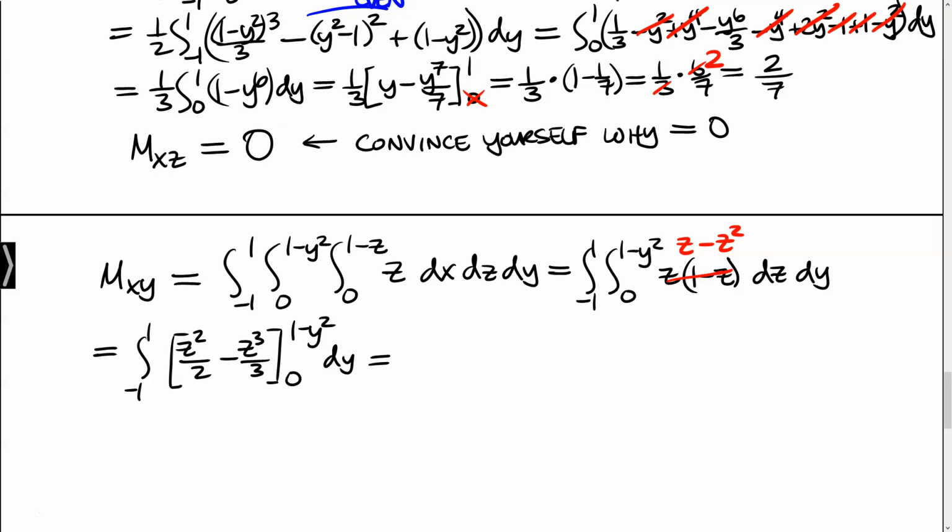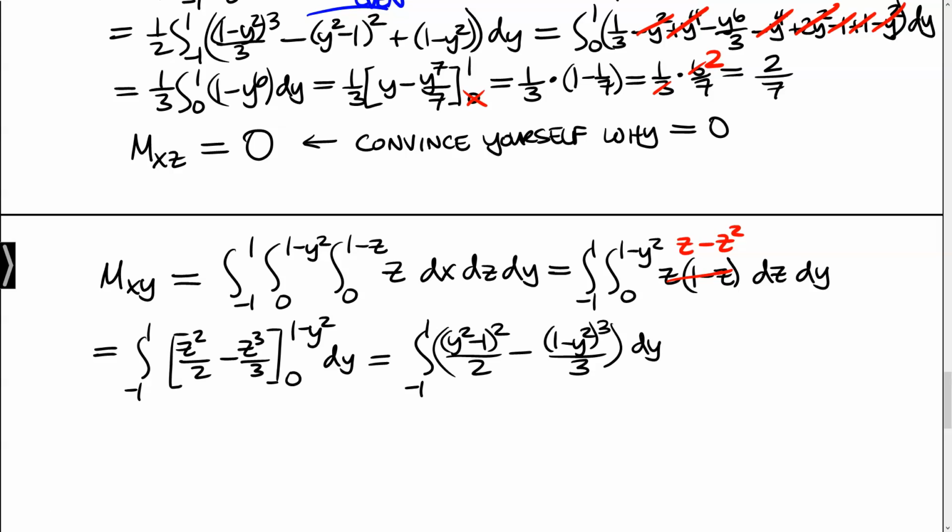All right, so this is going to be negative 1 to 1 of y squared minus 1 all squared over 2 minus 1 minus y squared cubed over 3.